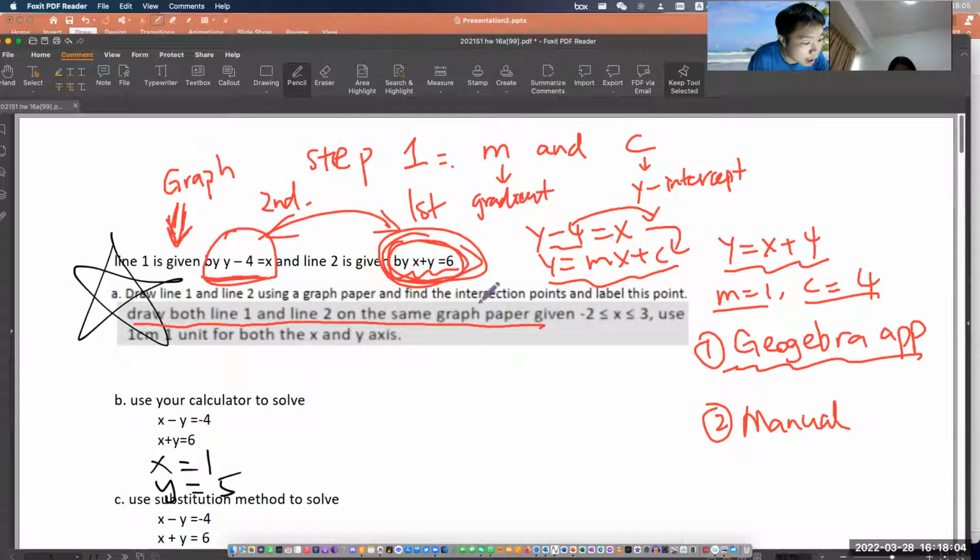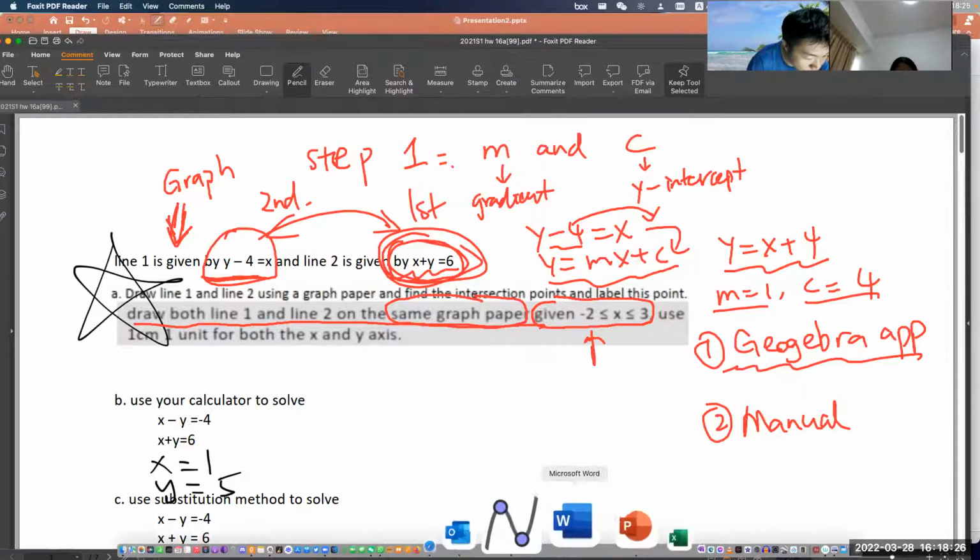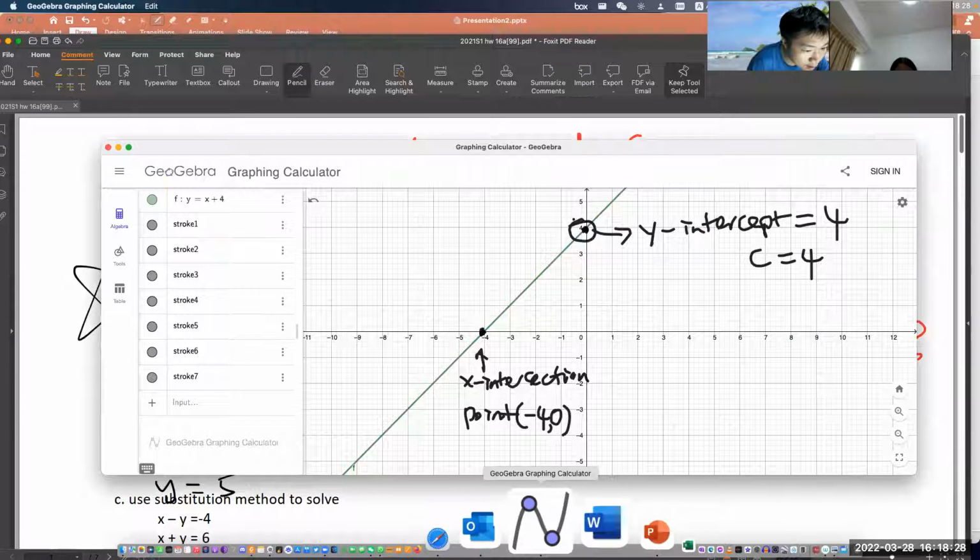So you must draw line 1 and line 2 on the same graph paper, not separate. And now they give a range for x, where x starts from -2 and ends at 3. So you need to follow this range. Let's go back to your graph.